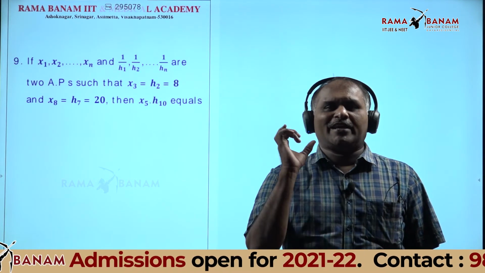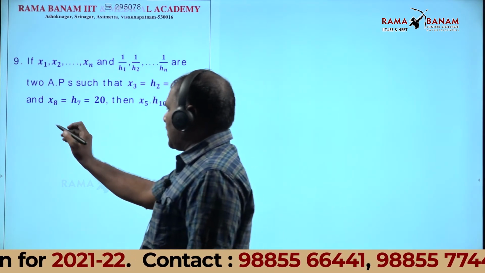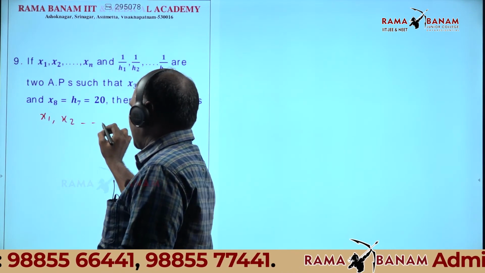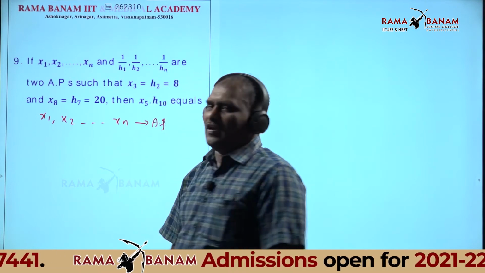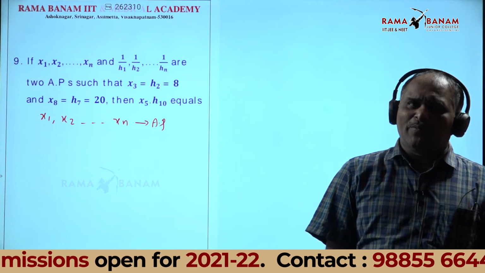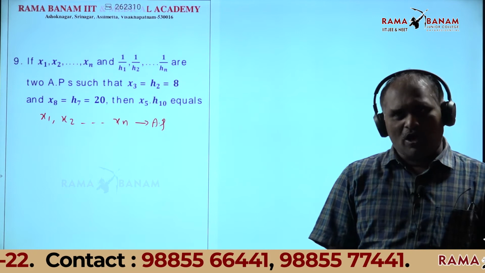One by one I can calculate it. Listen: x1, x2, etc., xn are in which progression? Arithmetic progression. What is the first term? Small a.